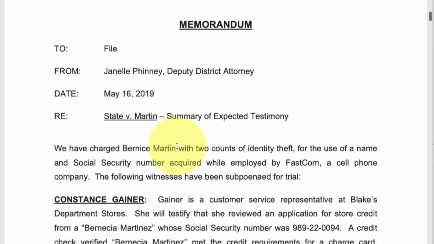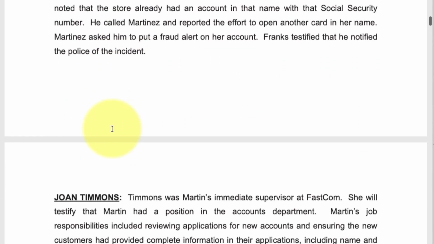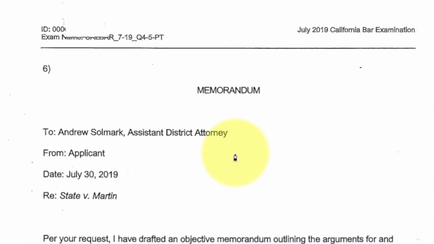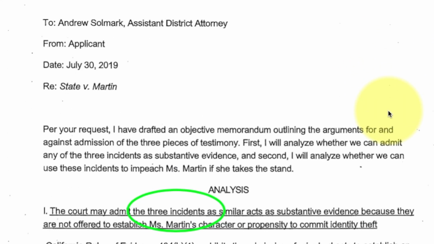They just went down here and then they said, well, there's 3 instances and there's 3 highlighted parts here. So let's see how they did. And this is from BARESSAYS.com, property of. And so in this example, the examinee received a score of 60. And let's see how they dealt with the major issues.